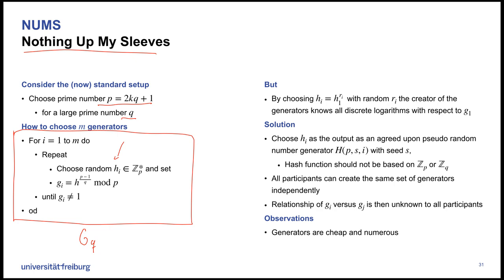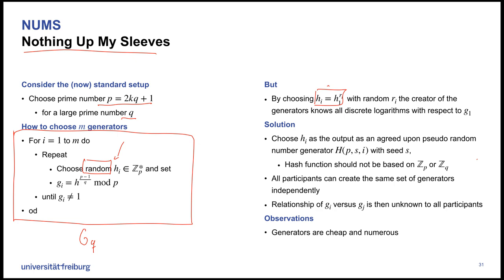Now the problem is, how can we ensure that random is random? We could make this, and it's not random anymore. It still looks random. It cannot be distinguished from any random number. So the solution is very simple. Don't do it randomly.